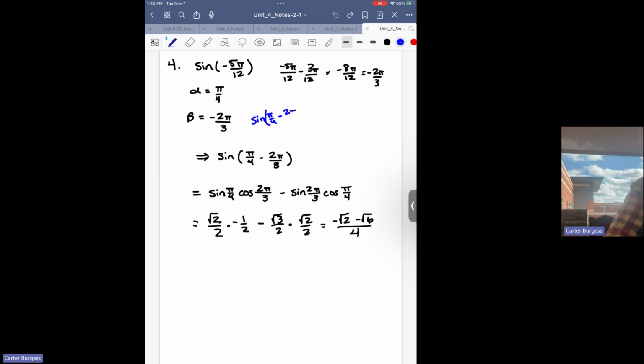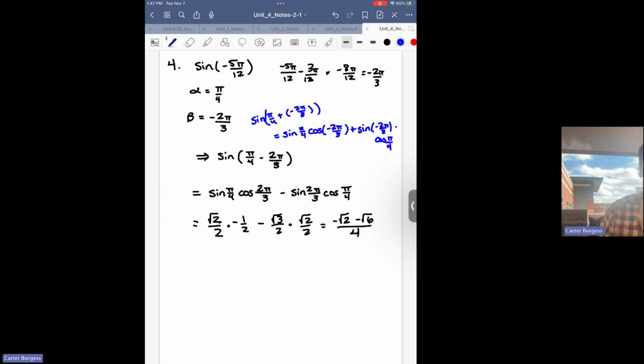So this would be sine of pi over 4 plus a negative 2 pi over 3. Since we have plus here, we're going to use our sum formula. So this would be sine of pi over 4 times cosine of negative 2 pi over 3 plus sine of negative 2 pi over 3 times cosine of pi over 4.